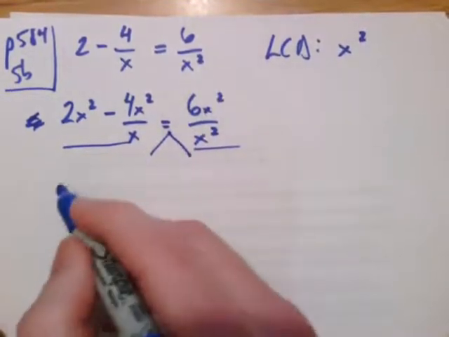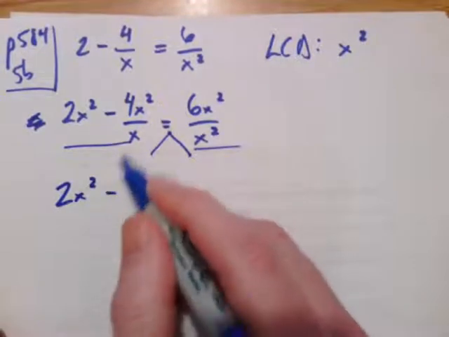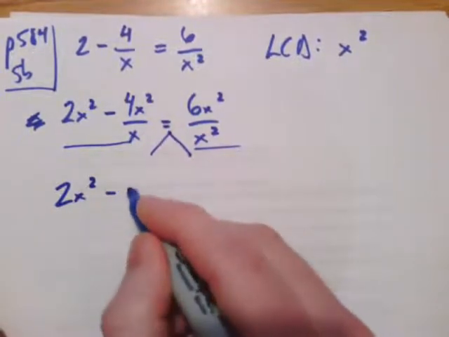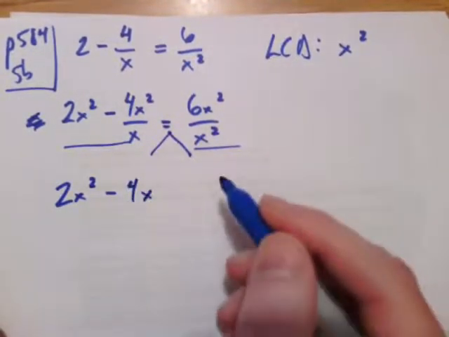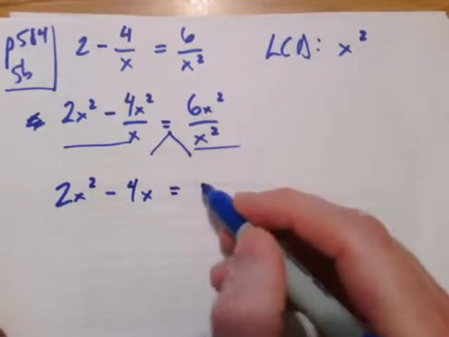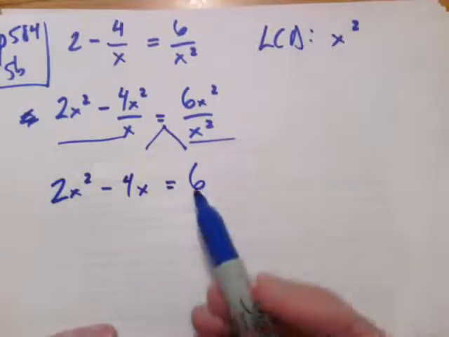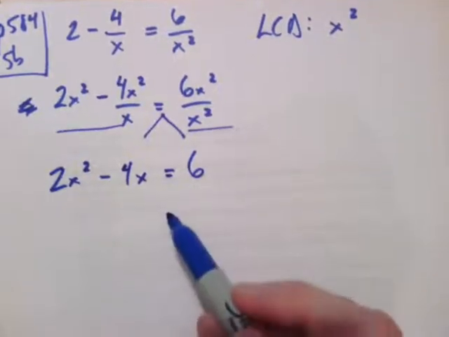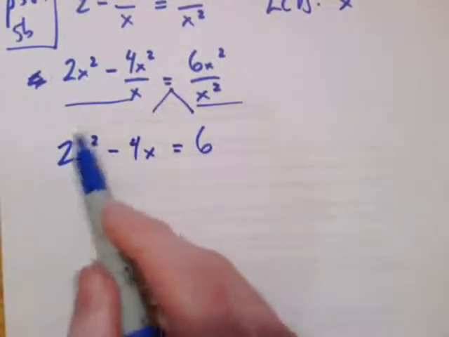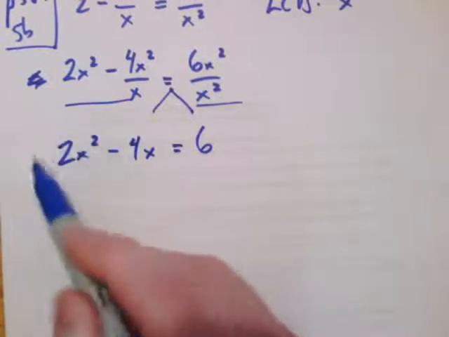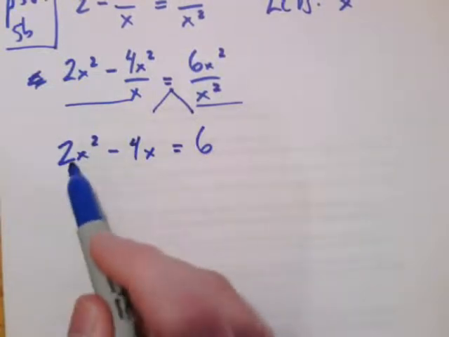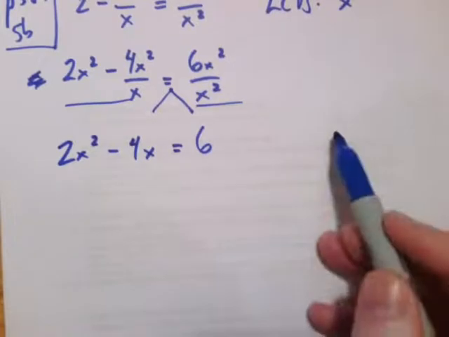So now let's simplify. 2x squared minus 4x squared over x. The x's cancel, so there's one x left over. These x squareds cancel. That equals 6. Now get everything onto one side and factor. I'm going to go wherever the leading coefficient will be positive. If there was a bigger x squared on this side, I would bring everything over there.